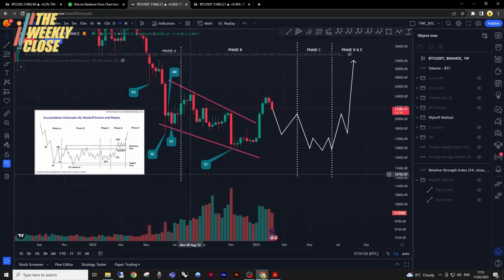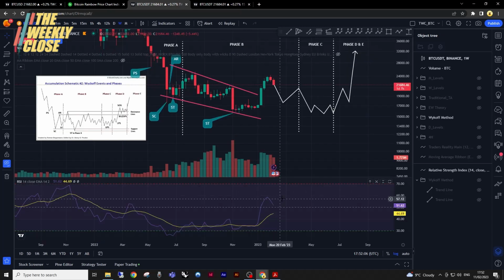The reason I say that, and I'll introduce some of the confluences and other indicators we might look at to support and validate these ideas, is that the simplest one is the RSI, a simple momentum oscillator that measures the speed and change of price movements.